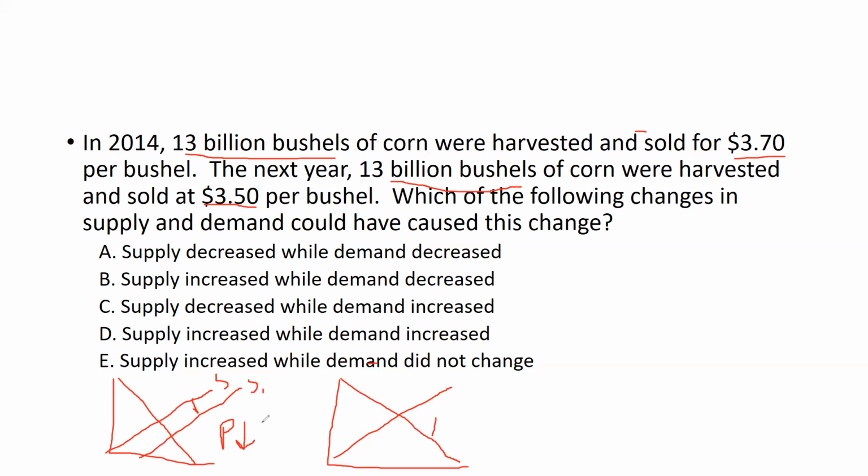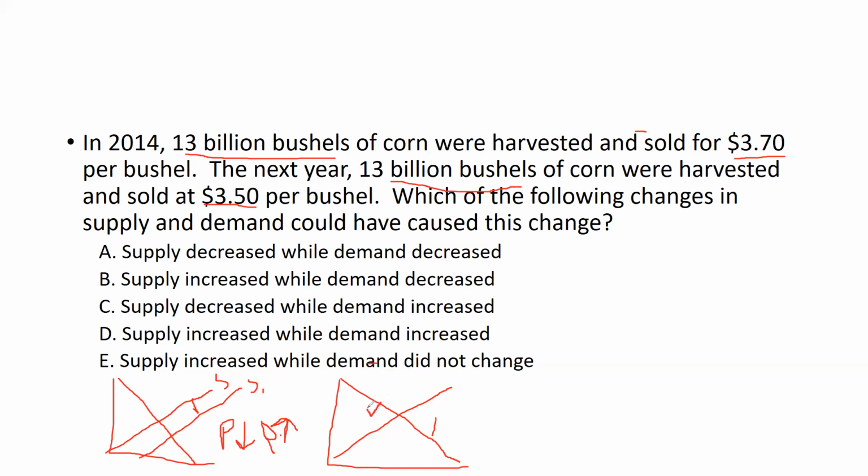And quantity didn't change because it went from 13 billion bushels to 13 billion bushels. And that's kind of why I underlined it. So I need something to get price down and quantity down. So I'm going to shift demand to the left, okay?